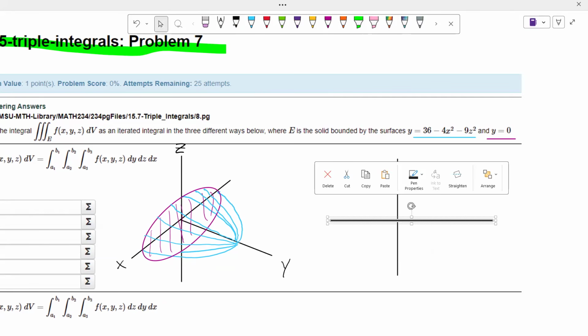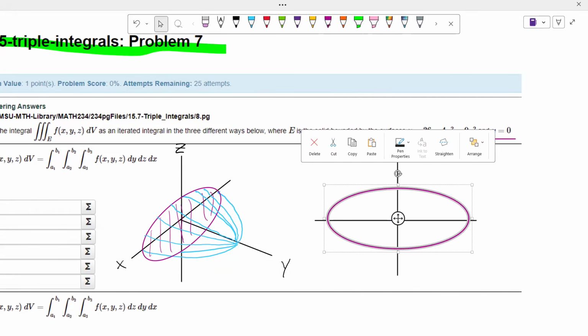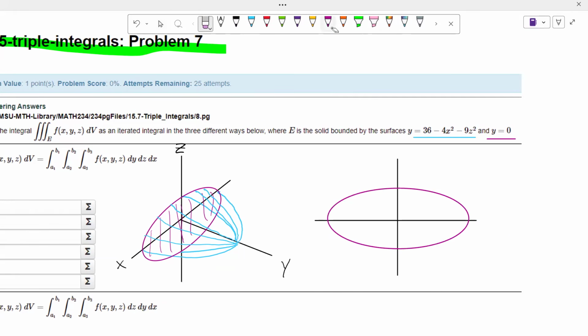Fortunately, that one is pretty straightforward. It is just that elliptical shape right here. This might not be drawn to scale exactly because I need to find some z and x limits. So this is going to be x. That's going to be z.